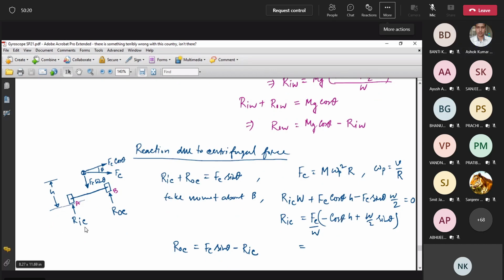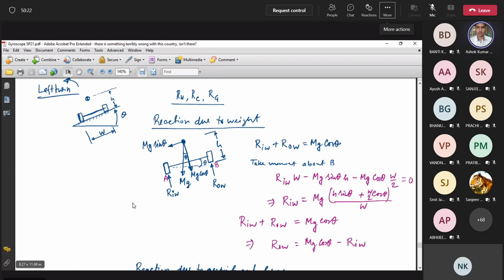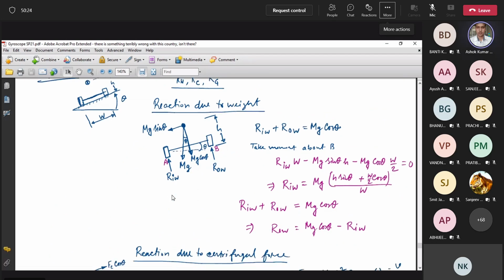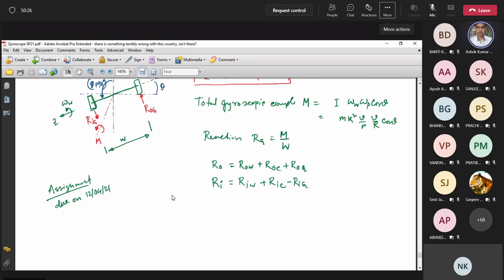So in the final expression this is also upward reaction. That is why for the inner wheel these two components we have added upward, and this component downward. All the values are given, so you can substitute this and find out the reaction on these wheels.